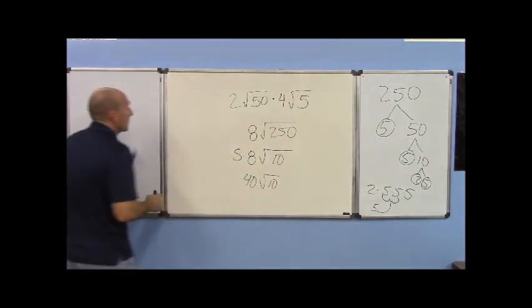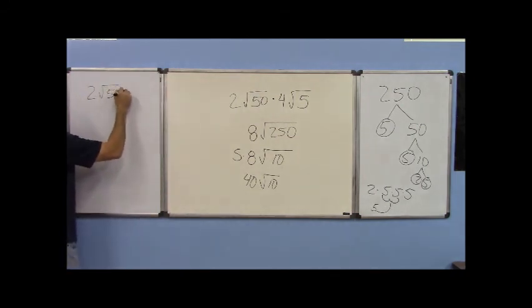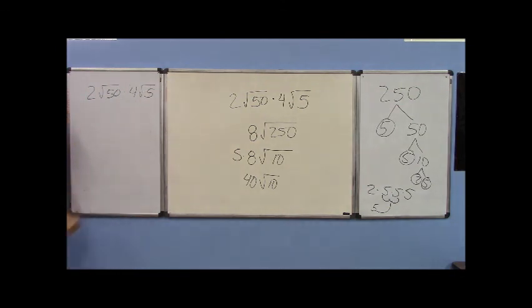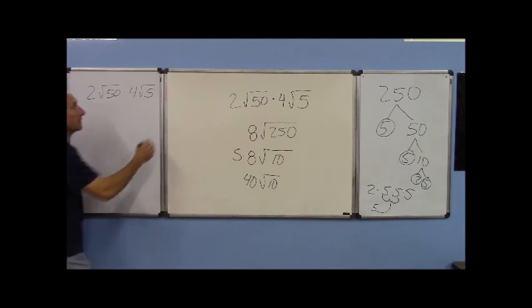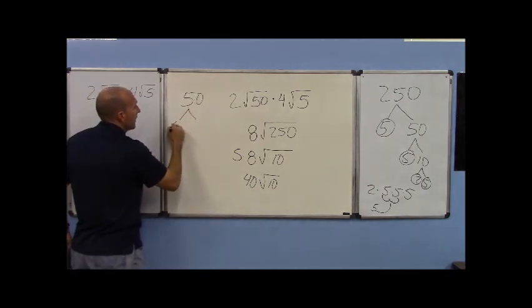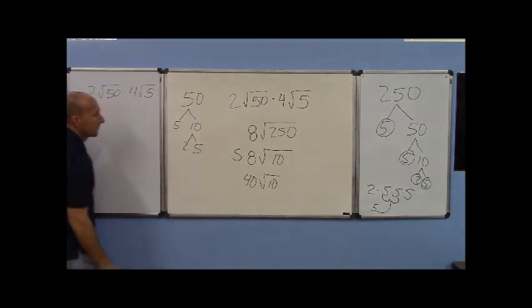We're going to go over here. We have 2 square root of 50 times 4 to the square root of 5. 5 is a prime number, so we can't factor that out anymore. But 50 we can. 50, we have 5 and 10, and then 2 and 5.